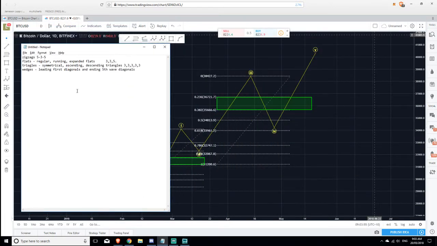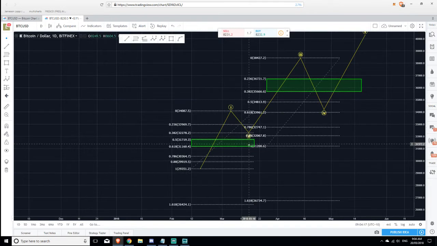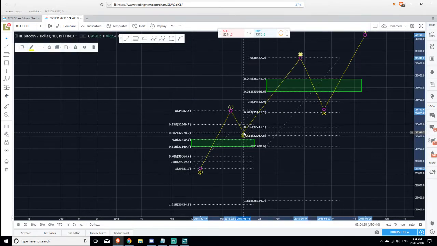In order to get a wave 4 target, 1 minus the wave 2 retracement ratio is equal to a likely wave 4 retracement. So what I mean by that is, say wave 1 retraces to 0.382.